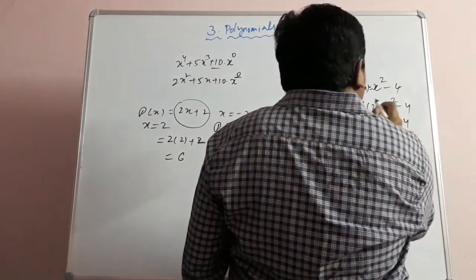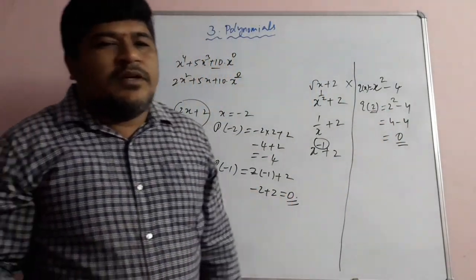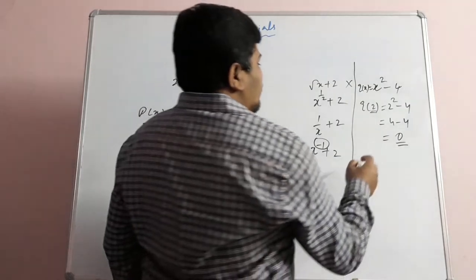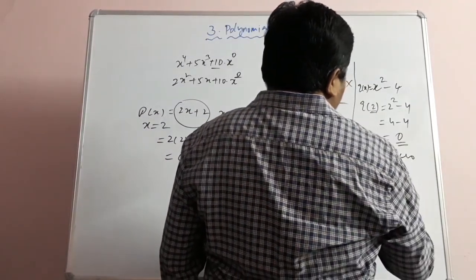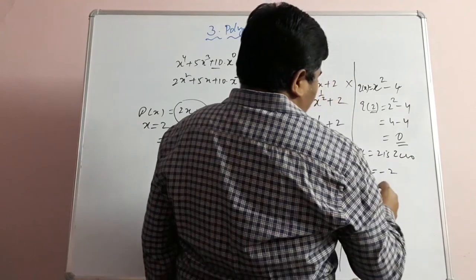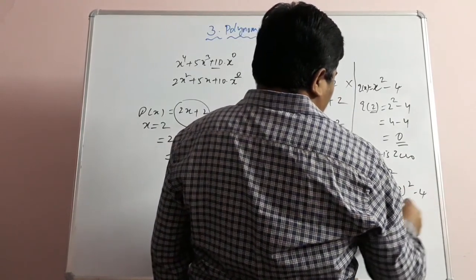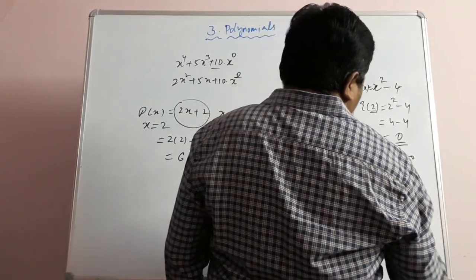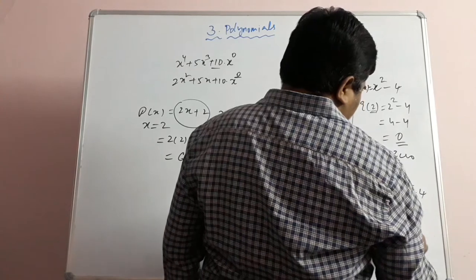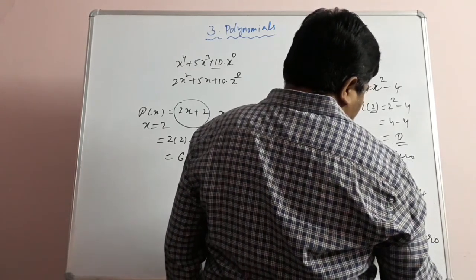So at x equal to 2, I got this expression value 0, therefore x equal to 2 is its zero. If you take x equal to minus 2, see what happens: q of minus 2 is minus 2 square minus 4. Minus 2 square is positive 4, 4 minus 4, 0 again. So x equal to minus 2 is also a zero of the polynomial.